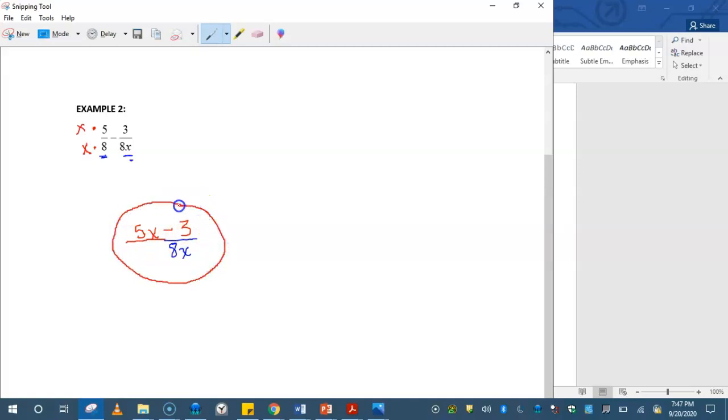Okay, so we are finding the least common denominator. So you're basically looking and making sure you include all those factors. Then the next step, whatever one fraction does not have, we'll multiply both numerator and denominator by that part that it does not have, right?